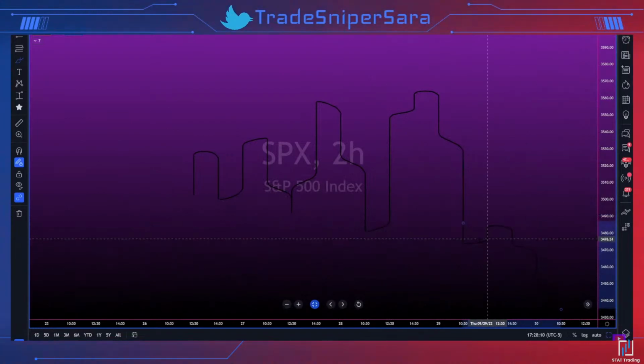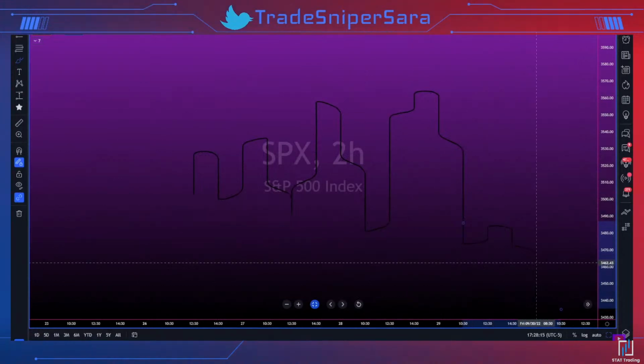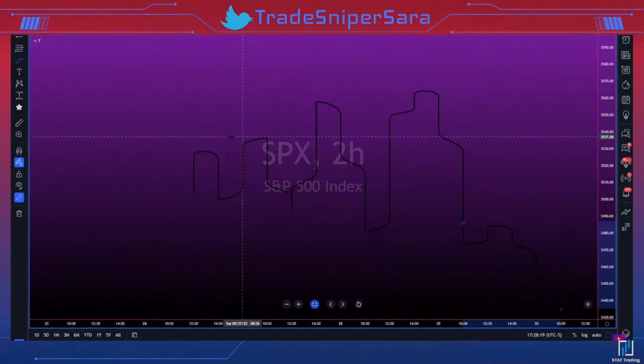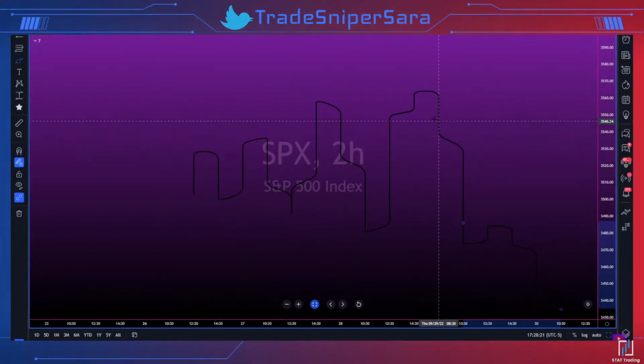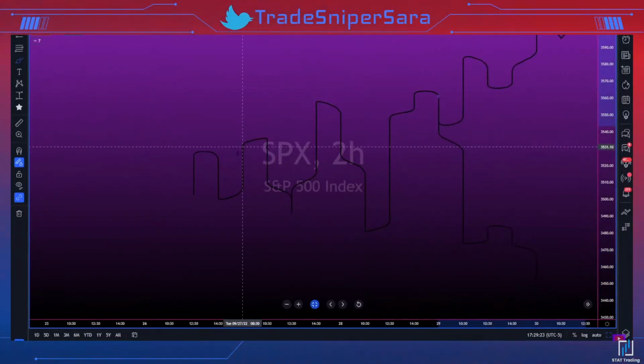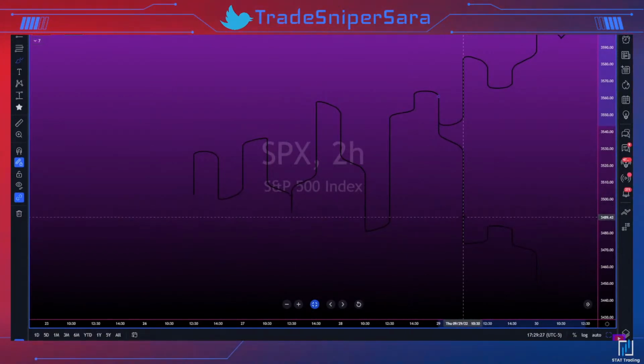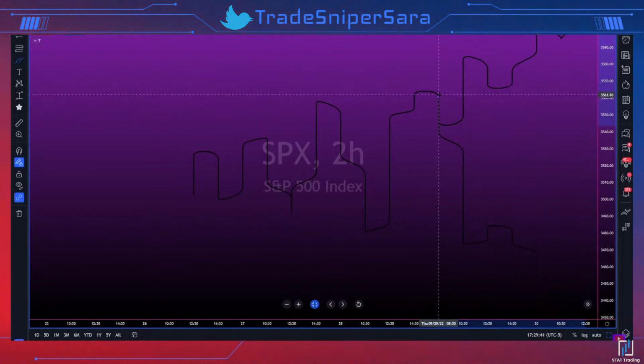And this is called broadening formation expansion, when price has finally picked a true direction and quits killing the breakout traders. Or they can break up and out. But while the broadening formation is occurring, we're going to take advantage of that. And when the time comes that it breaks out of the broadening formation, we're going to know about it. And we're going to trade it in that direction.